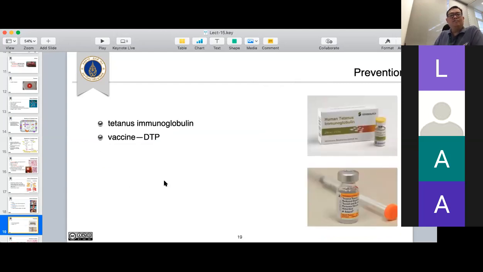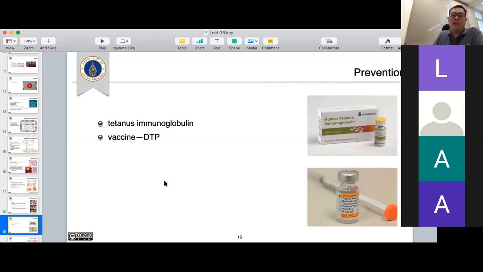Prevention. If you get tetanus, we probably use tetanus immunoglobulin. It is the same as with snake venom. We cannot wait until you make antibody, okay, because you would probably die before. The prevention is the vaccine. Like we know, tetanus acts mostly by toxin, right?